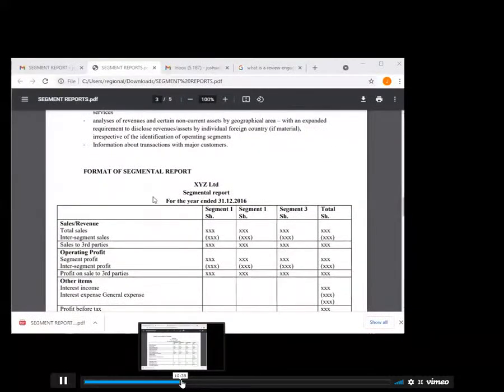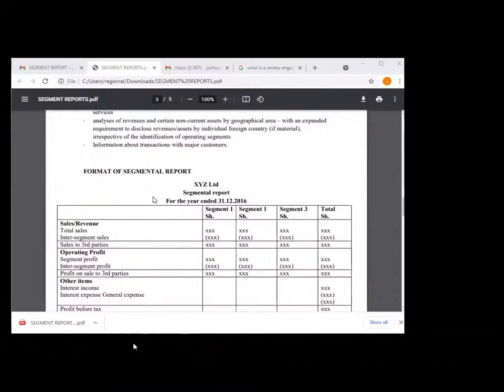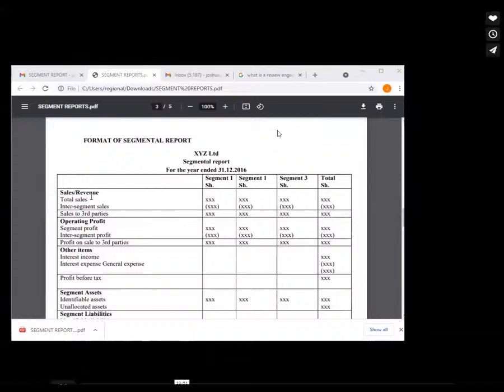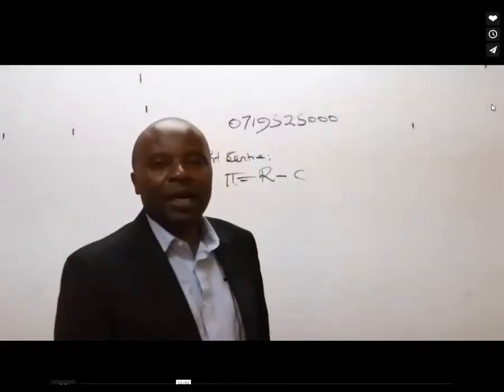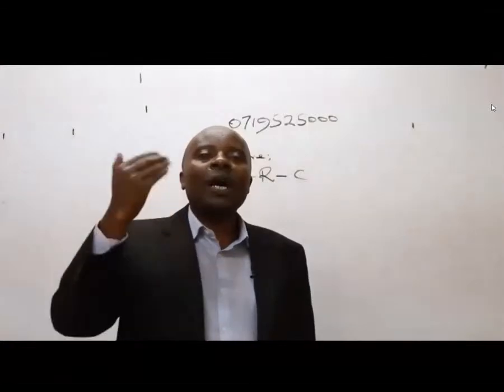Now, the most important thing for your exams that you're supposed to pick, ladies and gentlemen, is the format of the operating segment report, the format of the segmental report. You have to show the total revenue, so total sales for each segment. If there were any inter-segment sales, those are fake sales. Inter-segment sales are the same as what we call intra-sales in group accounting.